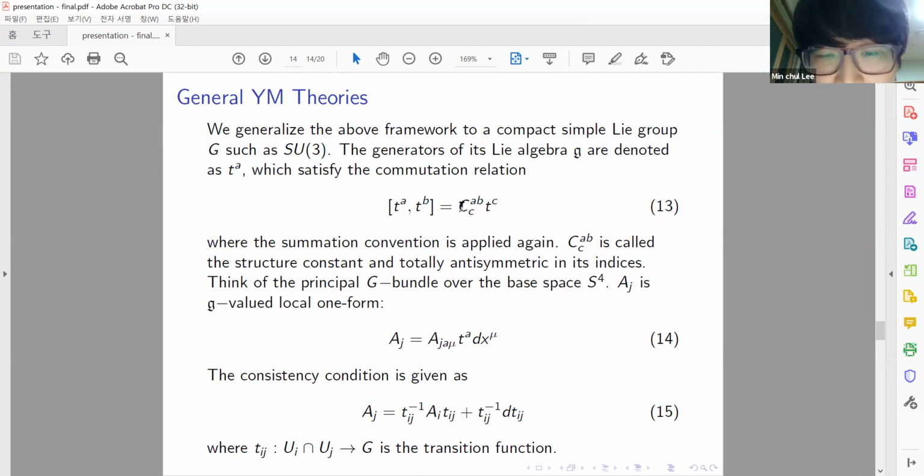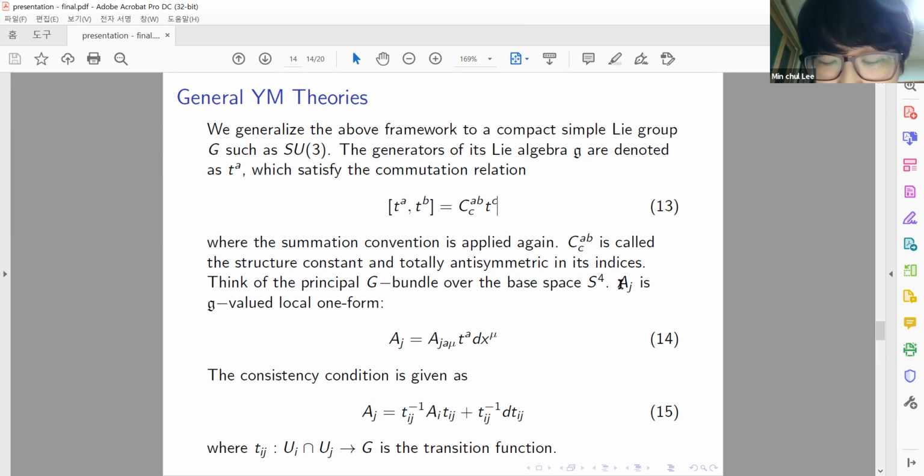Here this capital C with indices A, B, C is called the structure constant, and it is totally antisymmetric in each index. Now think of a principal G bundle over the base space S4.